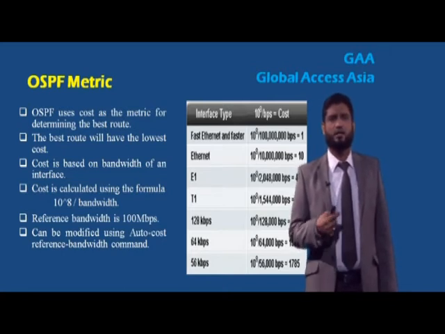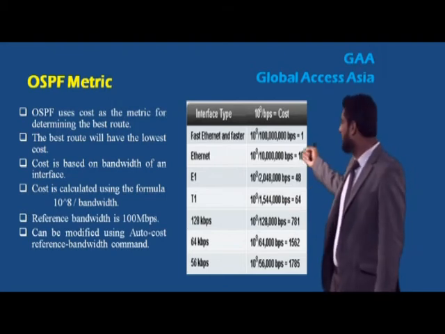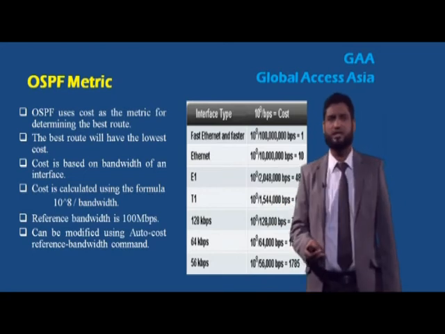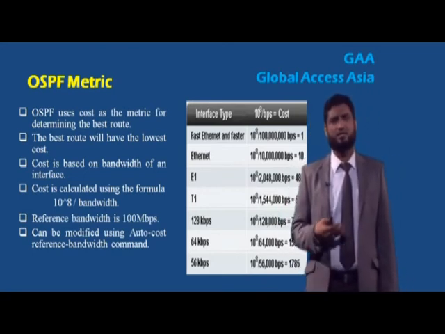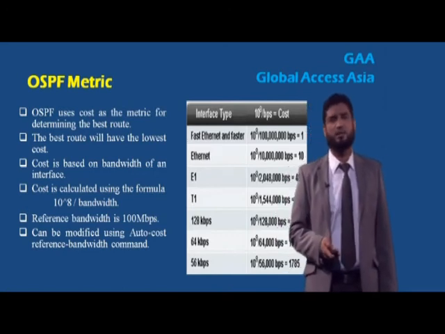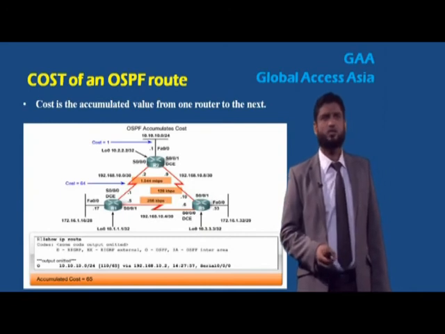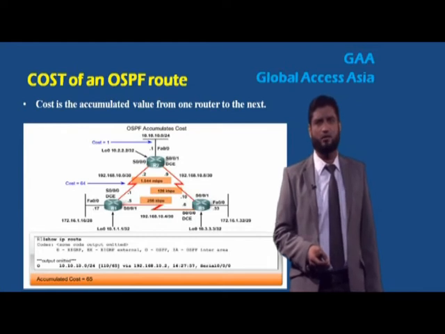The interface type and the cost of the link are calculated in the table: Fast Ethernet, Ethernet, E1, T1, and also 128 kbps, 64 kbps, 56 kbps, and what the cost of each link will be. On OSPF routes, cost is an accumulated value from one router to the next.